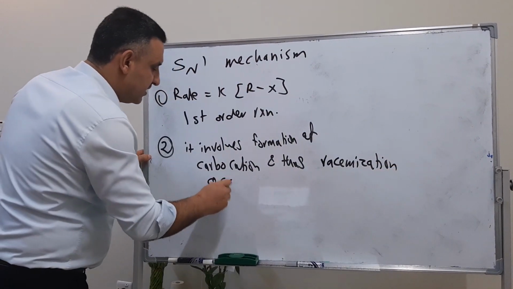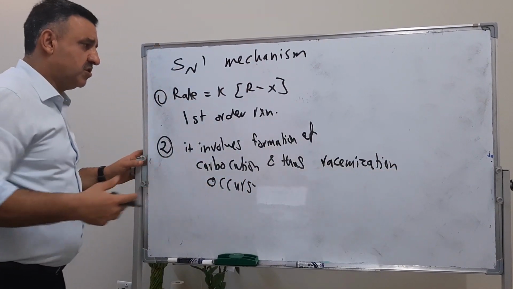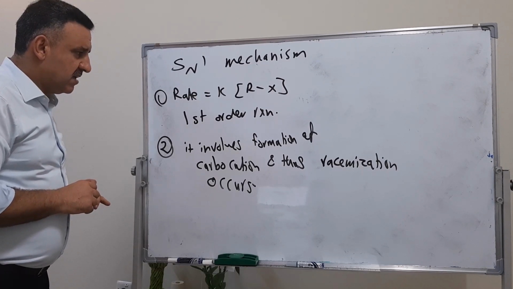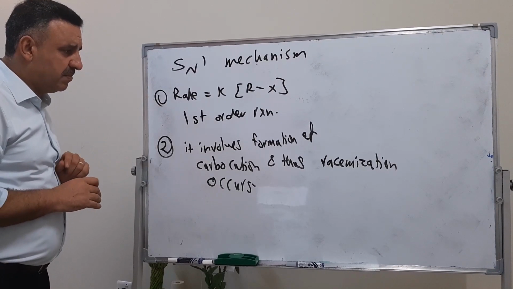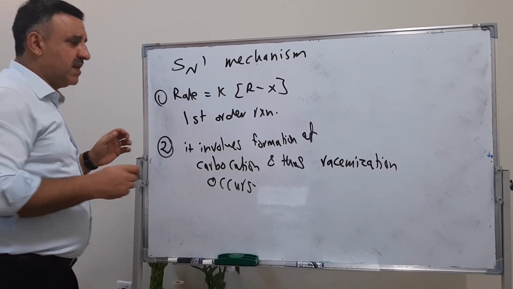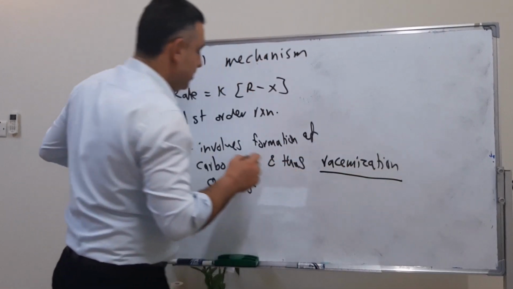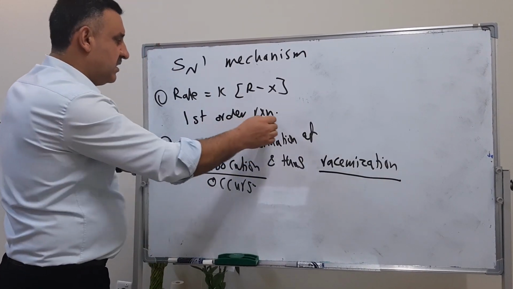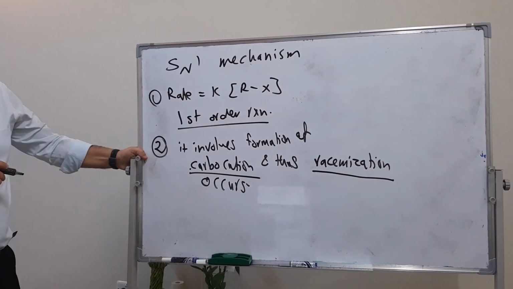We will explain this when we show the reaction mechanism. These are the most important aspects of the SN1 reaction mechanism: there is a formation of carbocation, and it is a first order reaction.